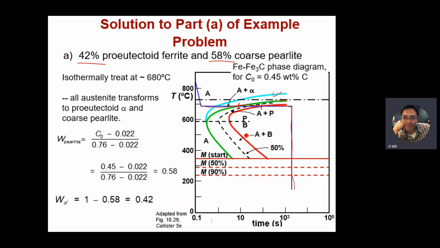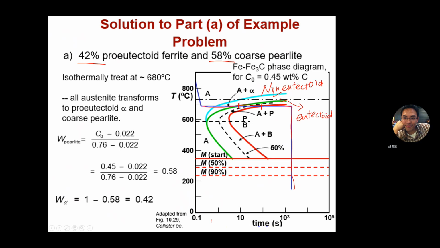For this line, this blue one is non-eutectoid, and this green one is eutectoid.